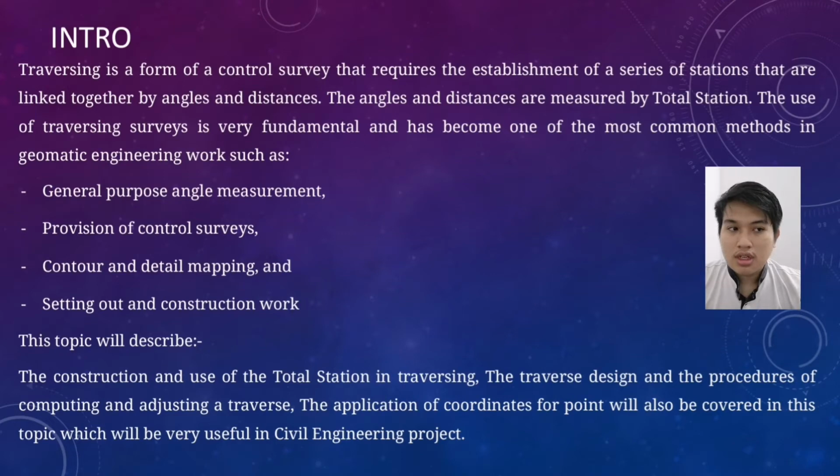Traversing is a form of control survey that requires the establishment of a series of stations that are linked together by angle and distance. The angle and distance are measured by total station.